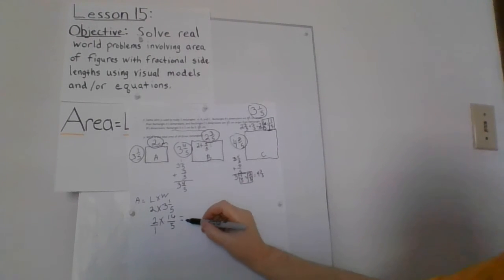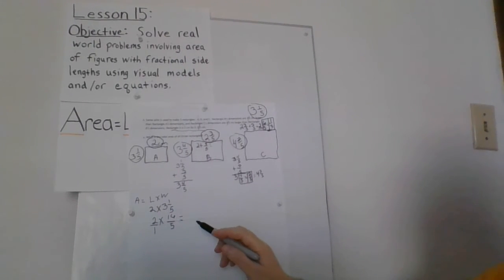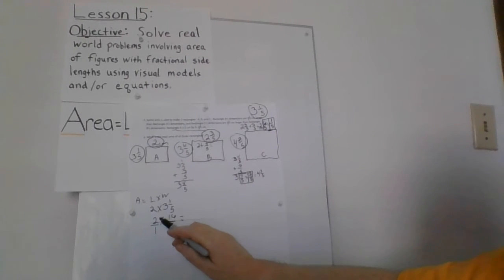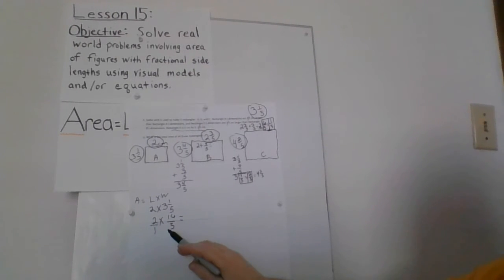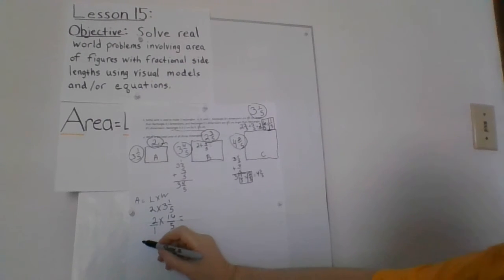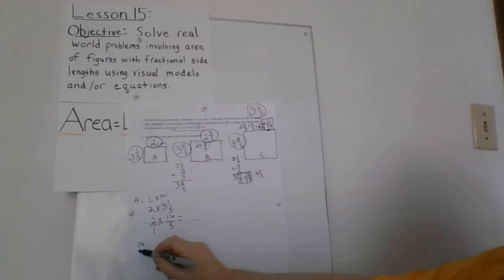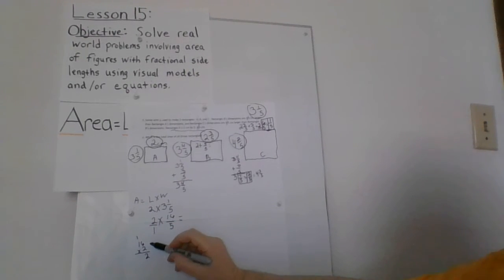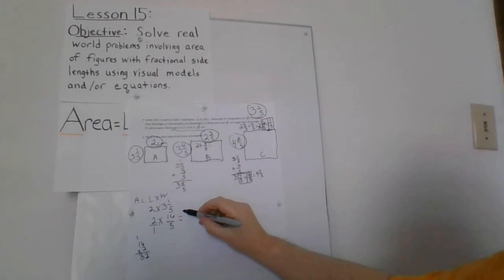I have my numerator times my numerator, and my denominator times my denominator. So I have to do 16 times 2. 2 times 6 is 12. Carry my 1. 2 times 1 is 2 plus 1 is 3. That leaves me with 32/5.